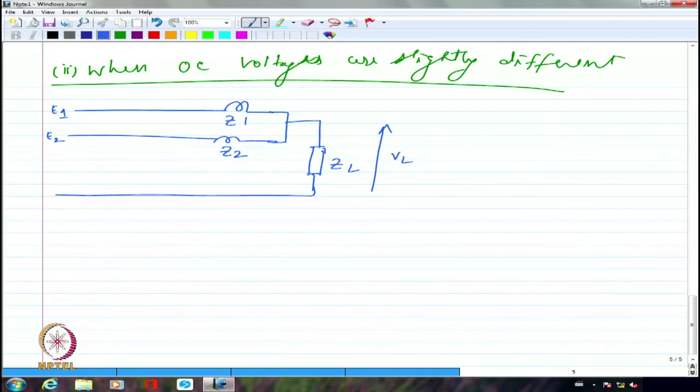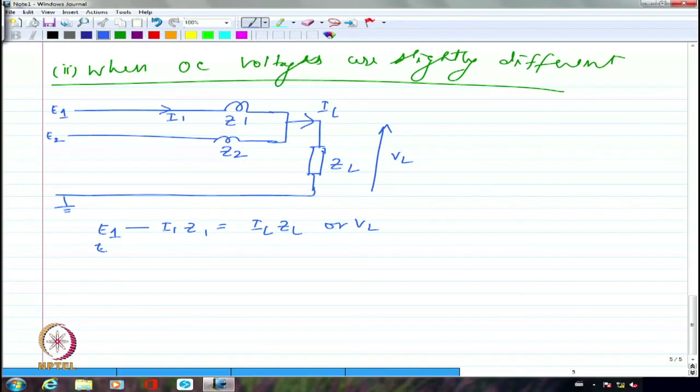So I can write in this case, so this is the ground if I am talking about a reference point. So I can say E1 minus I1 Z1 equal to IL ZL or VL. I can say either way.